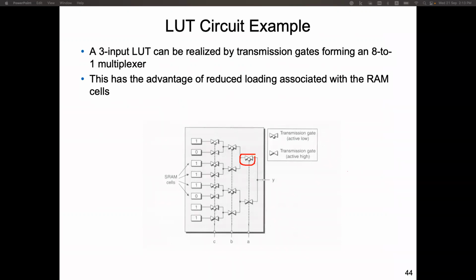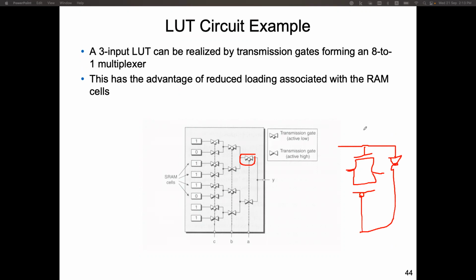It is an NMOS in parallel with a PMOS. This is a control signal, and we have an inverted control signal to the gate of the PMOS.